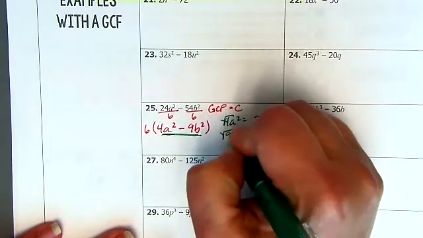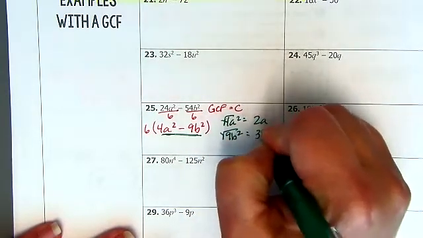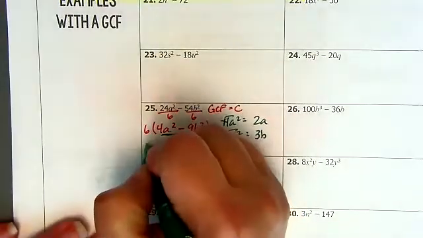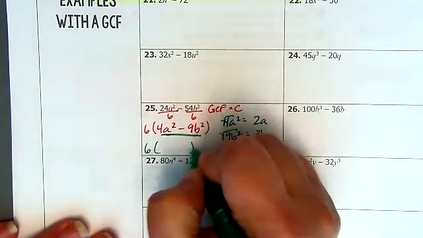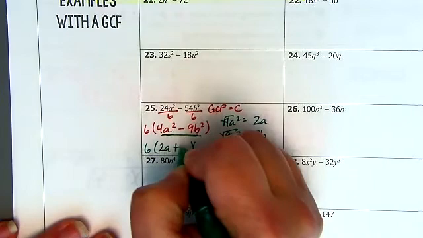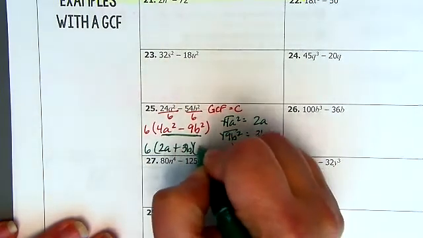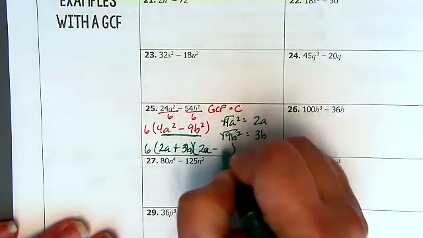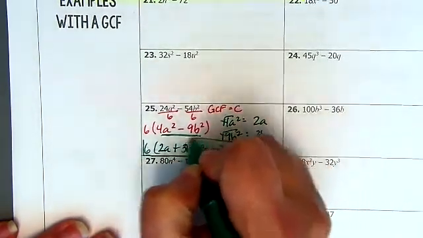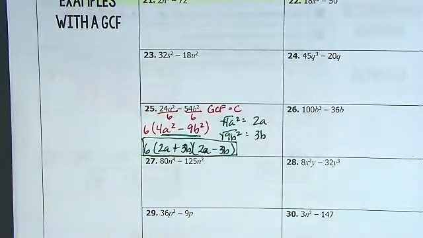The square root of 9b squared can become 3b. So yes, those are perfect squares. It's subtraction. So therefore, my final answer is going to be 6 times 2a plus 3b, 2a minus 3b. This is your final factored form, and you always have to factor it all the way down.